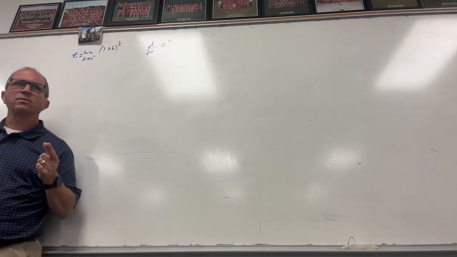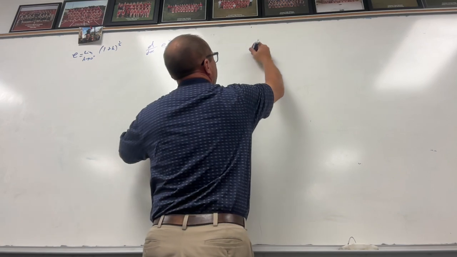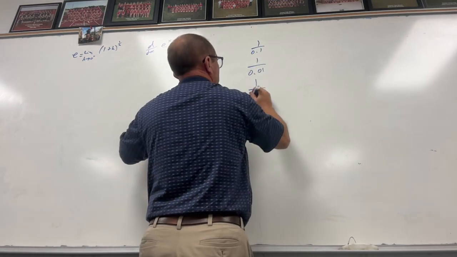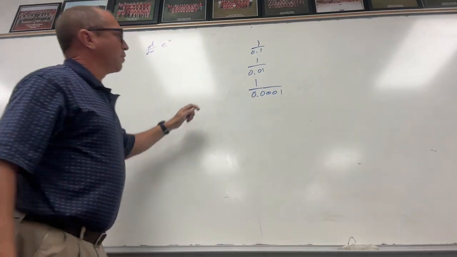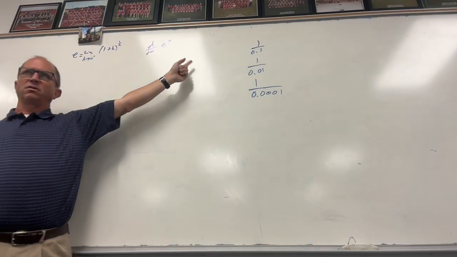It's actually getting larger. Because think about it like this. I've got 1 over 0.1, 1 over 0.01, 1 over 0.0001. All right, so would you agree in each case that this denominator is getting closer and closer to 0?